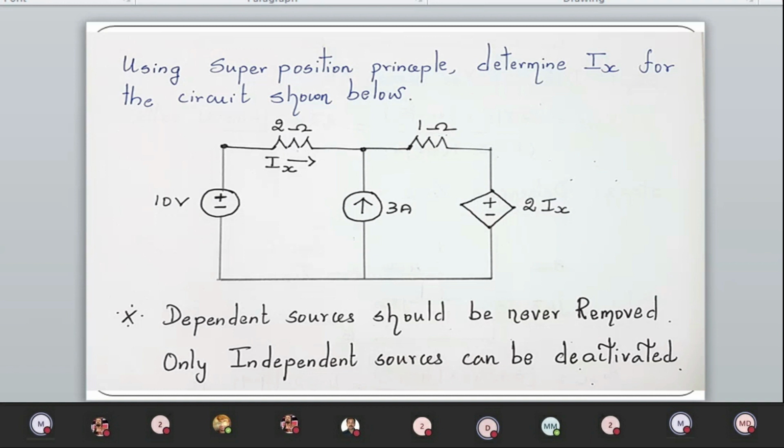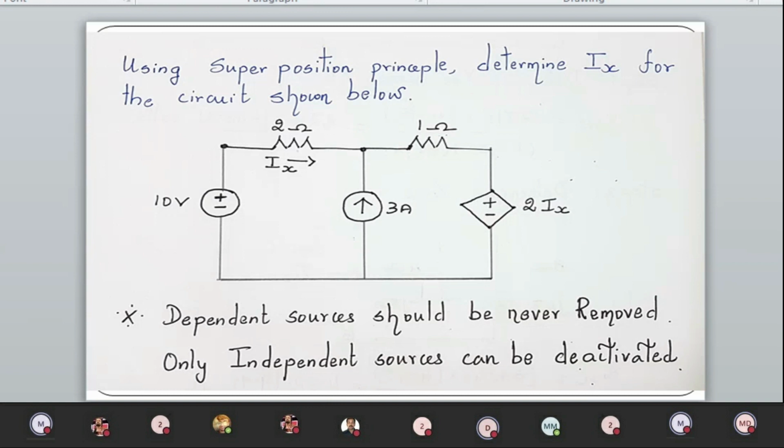Another important point you need to understand is that you should not deactivate a dependent source. This is a very, very important rule. There are certain journals which go against this idea, and they say that we can equally deactivate a dependent source.